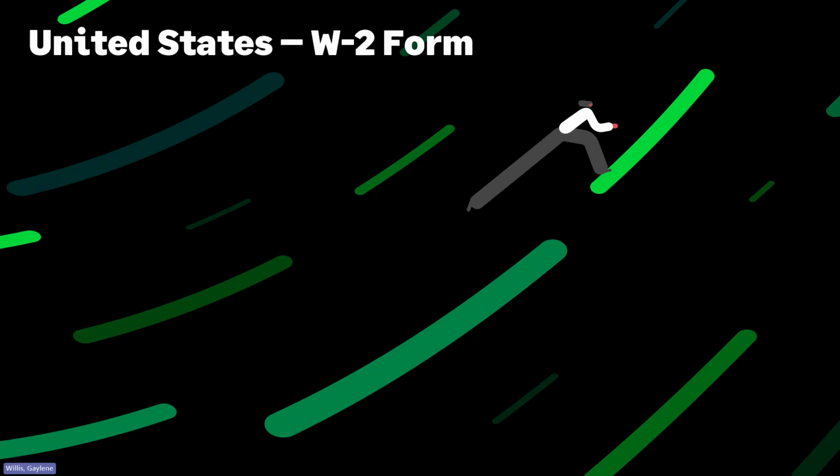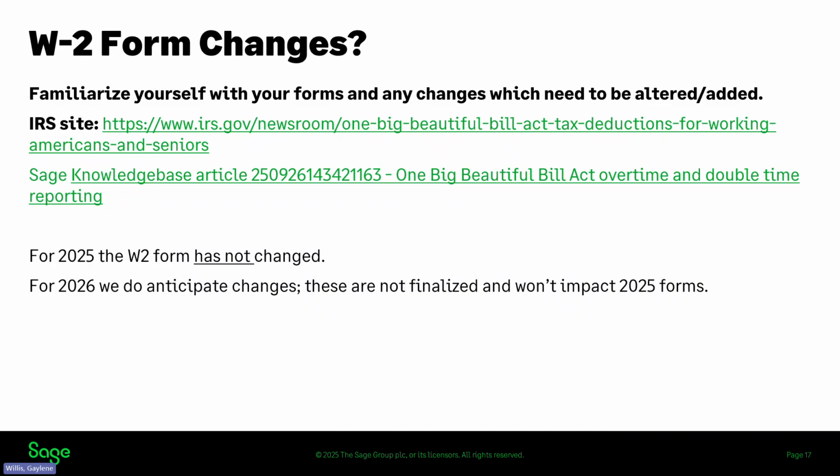Okay, so the W-2 form. This year we do have some changes, and make sure you familiarize yourself with your forms and any changes which may need to be altered or added. So specifically for 2025, we know the W-2 form has not changed. We have a choice when it comes to reporting overtime premiums.